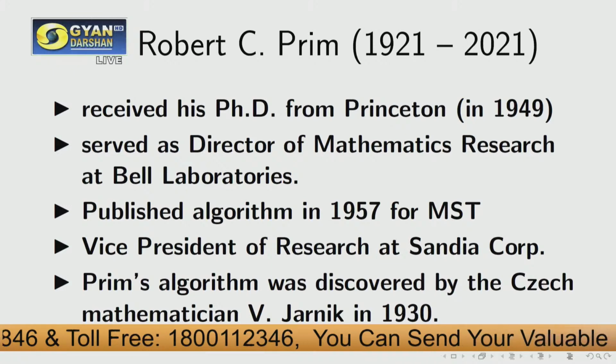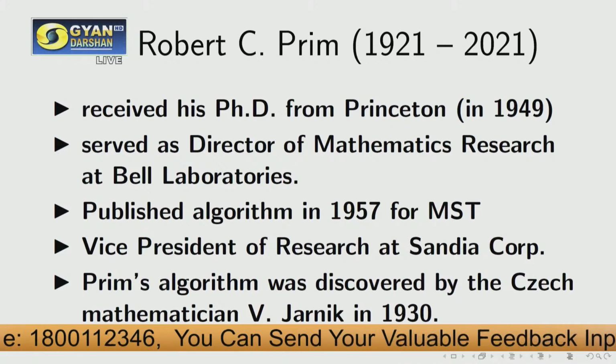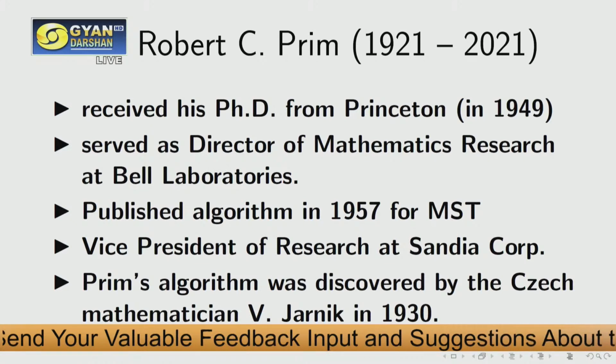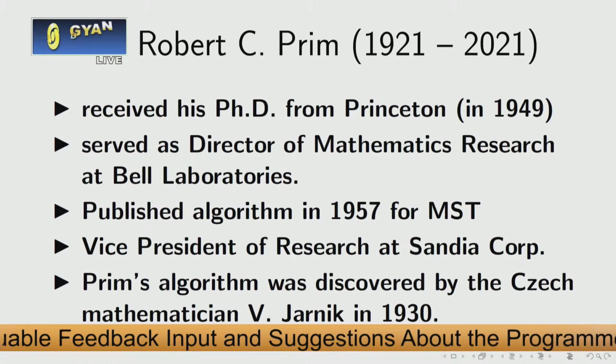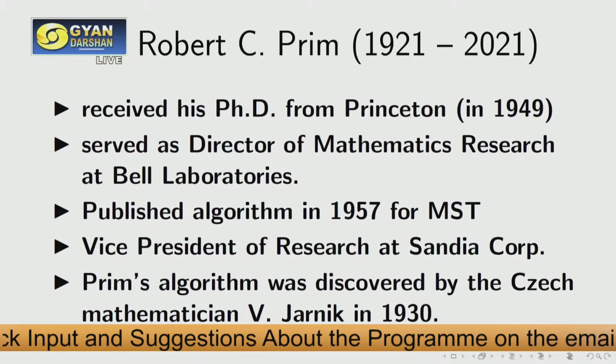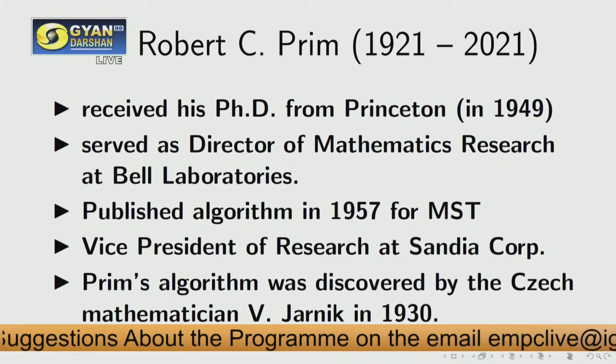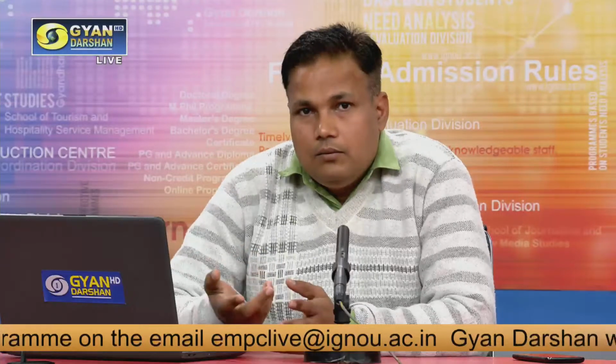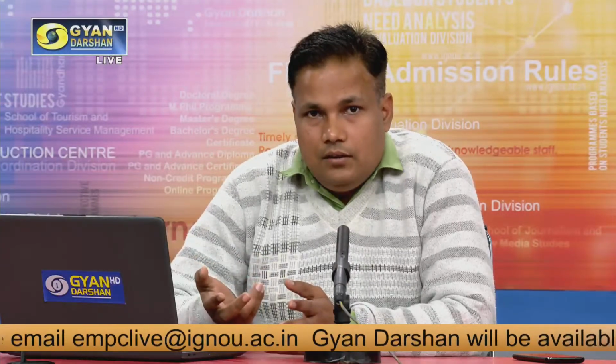And more interestingly, Prim's algorithm was actually discovered much earlier than Prim discovered it. Actually, it was discovered by a Czech mathematician called V. Jarnik in 1930. And it is also said that this algorithm was also discovered by another mathematician called Dijkstra.